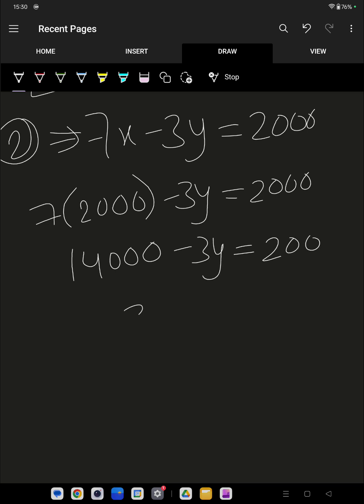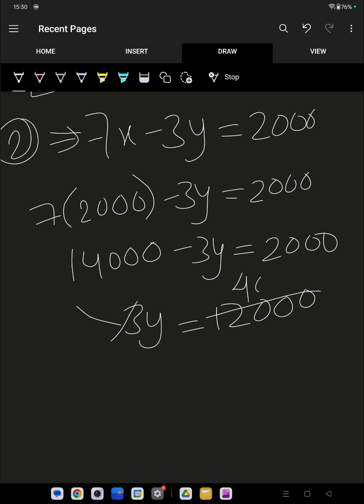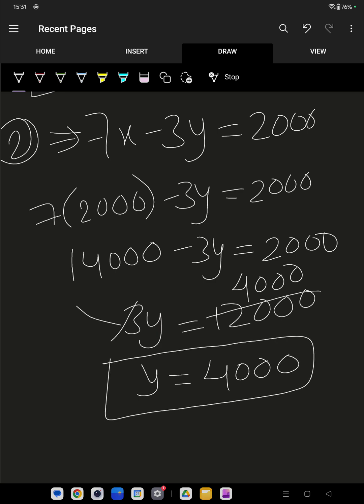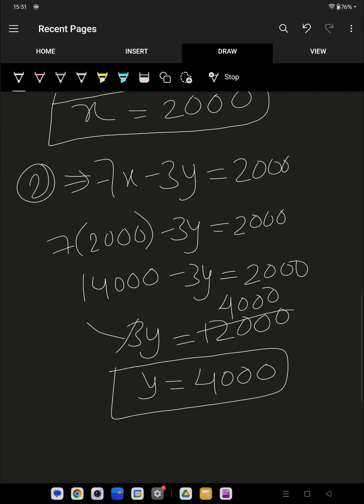If I solve this, I'll get 3y is equal to 14,000 minus 2000, which is 12,000. 3 ones are 3, 3 fours are 12. So y value is 4000 and x value is 2000.